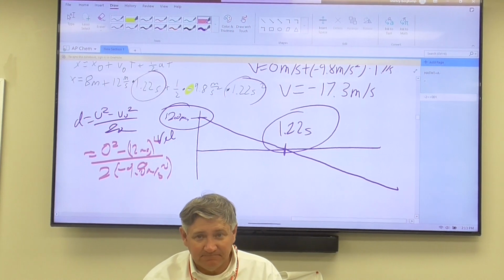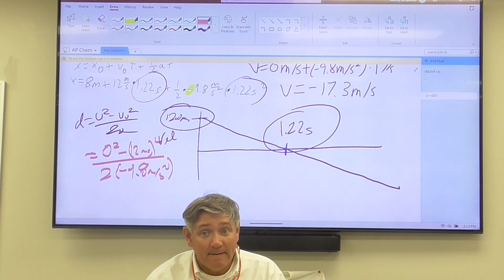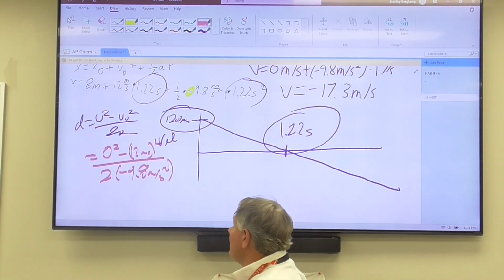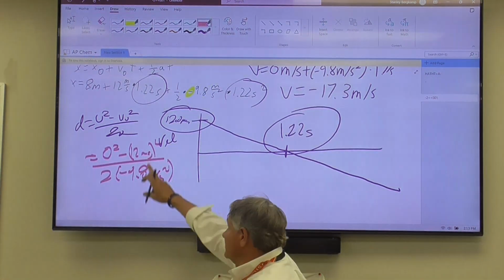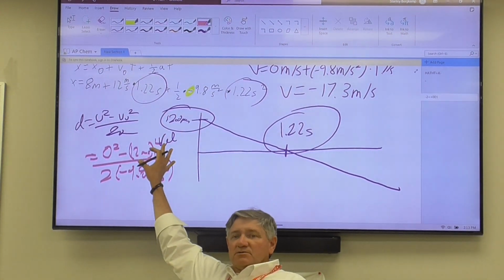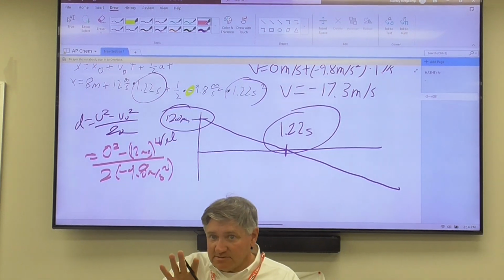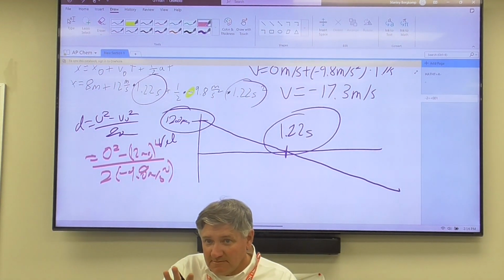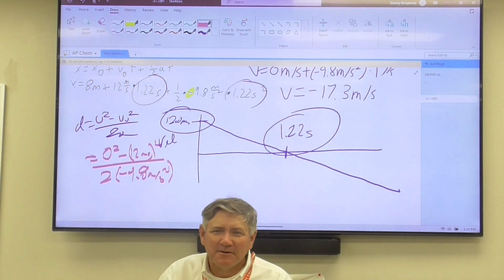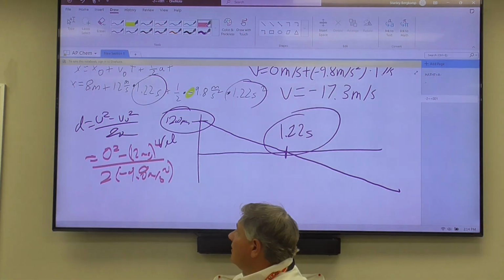Abby, do we need to include the 0? You include what? The 0 squared? No, you just have to put the square. You don't have to put meters squared over seconds squared, but just show me that quantity is squared. Okay? Does that answer the question? She was asking if she needs to show the 0 on her work.